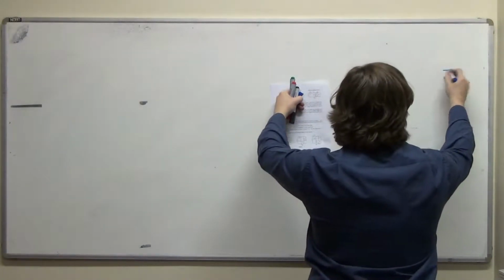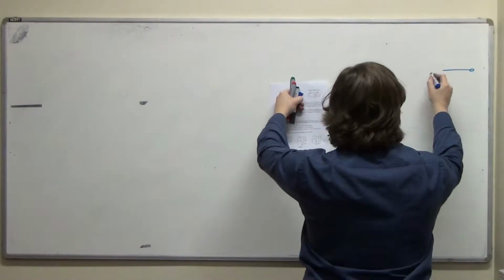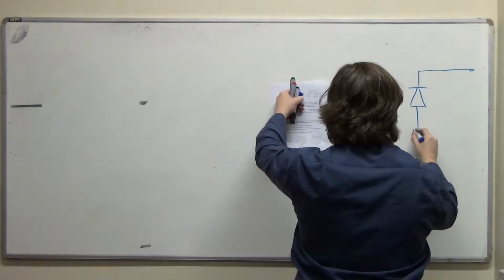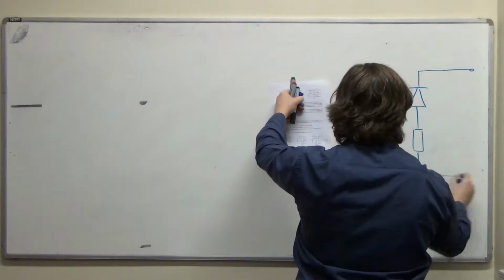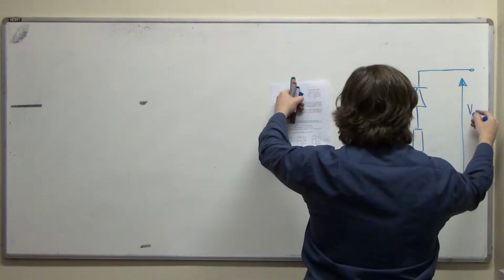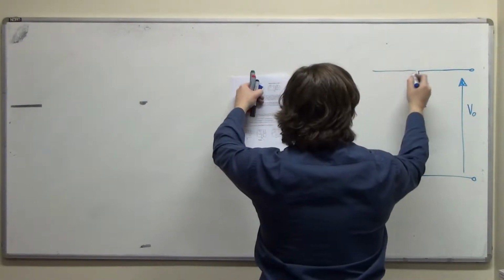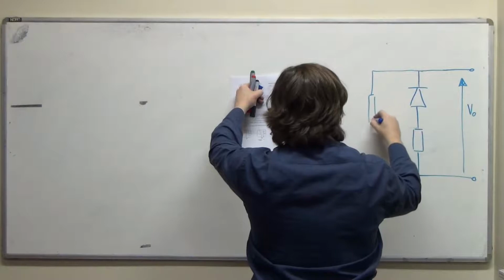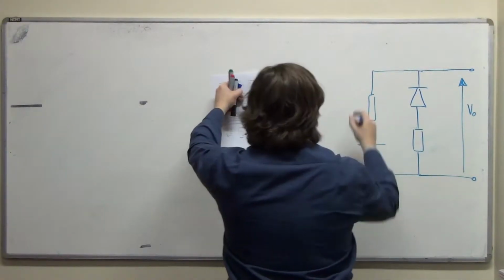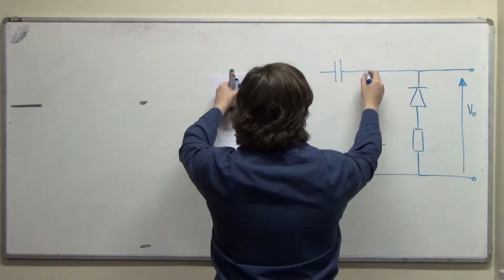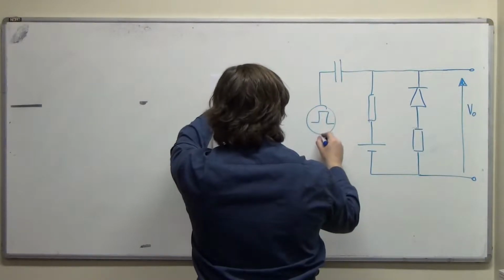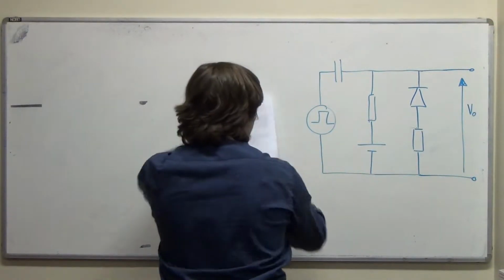We've got an output and diode and a resistor, and this is the out, and then we've got a resistor and a battery, and this is all in series with a capacitor, and that's got the pulse input.